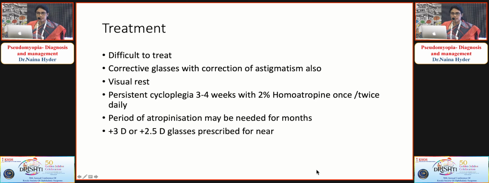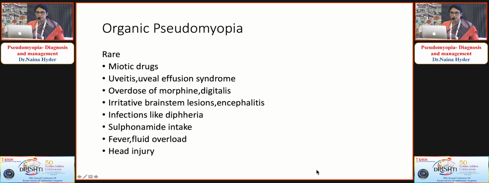Visual rest is advised. Cycloplegia for 3 to 4 weeks with homatropine once or twice daily may be required, and sometimes even a period of atropinization may be needed for months. The child will have difficulty with near vision, so +3 or +2.5 glasses have to be prescribed for near also.